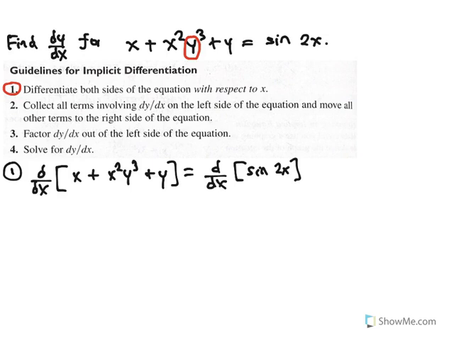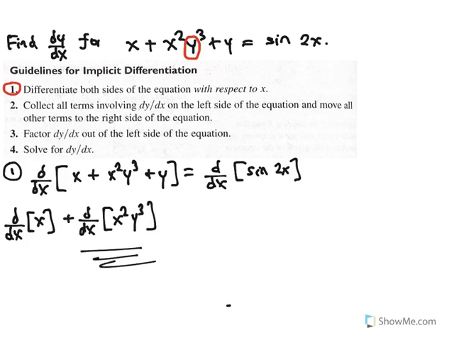So on the left side of the equation, you have 3 terms. So you're going to write the following. The derivative with respect to x of the first term x plus the derivative with respect to x of the second term x squared y cubed, which is a product. So when we find this derivative, we'll have to use the product rule, plus the derivative with respect to x of the third term y.